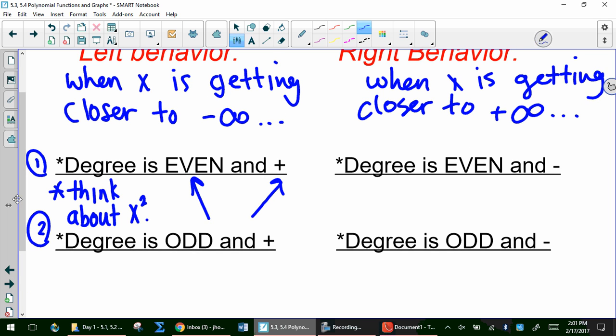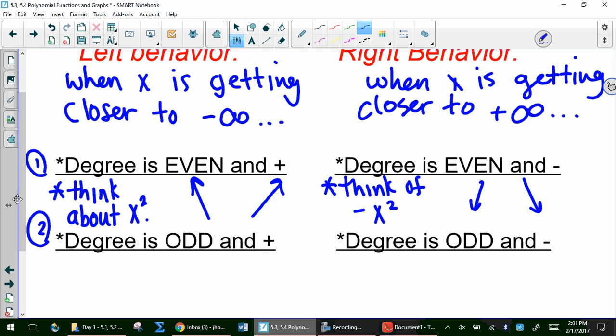So if the degree is even and negative, how is that going to look? Down, right? So we're going to think of negative x squared. On the left it's going down, and on the right it's going down. That's how the graph is finishing. That's how the graph is ending in both directions.